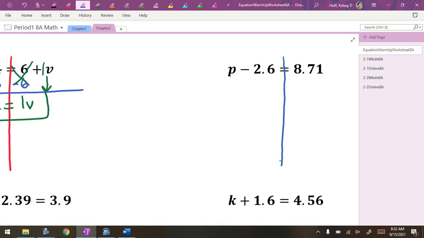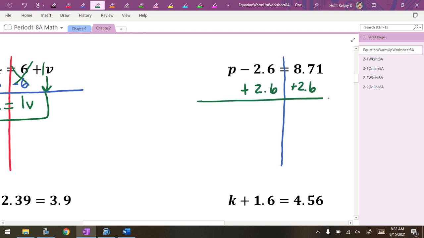Okay, it's a negative 2.6. How do I undo, or what's the opposite of a negative 2.6? A positive 2.6. So I'm going to write plus 2.6. Whatever I do to one side, I have to do to the other.